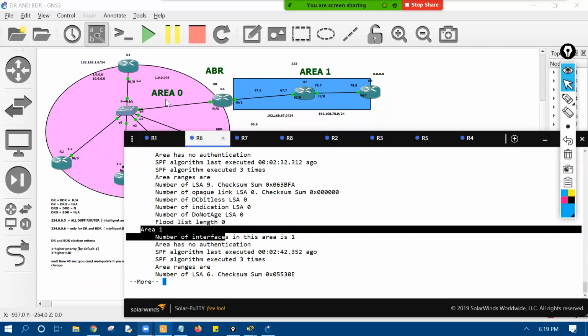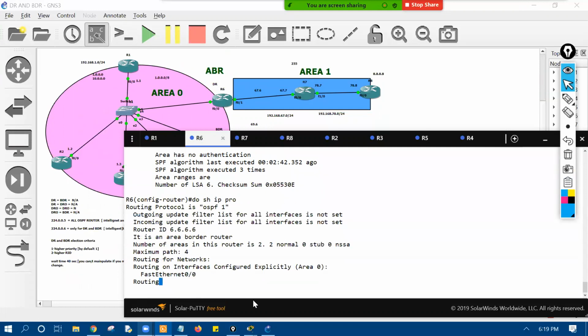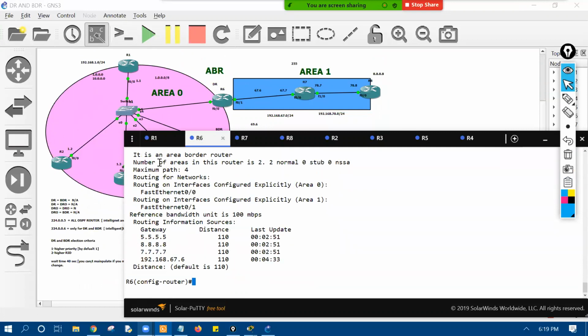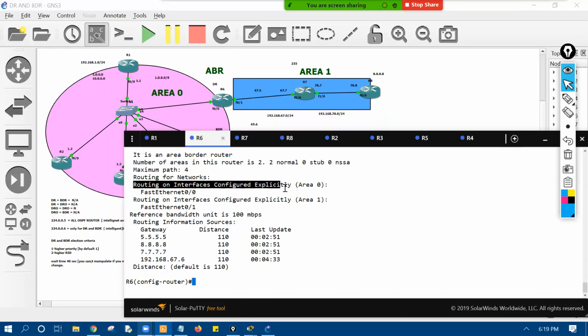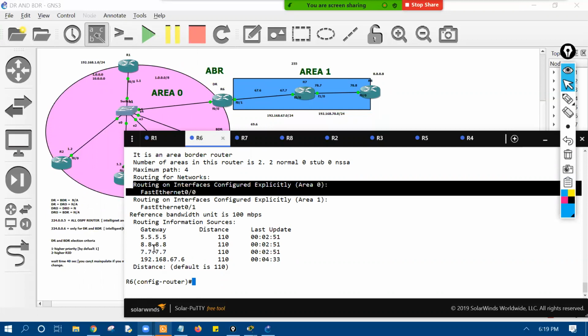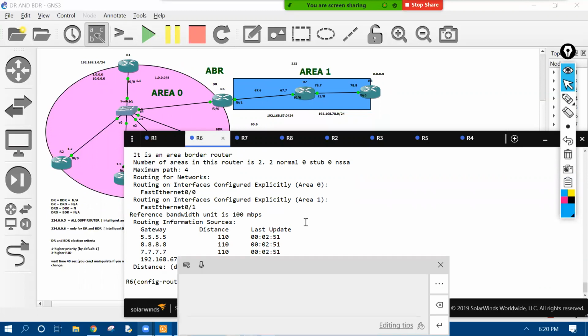So this interface is area 0, this interface is area 1. So right now R6 is the ABR. Even you can check this information. This interface belongs to area 0. This interface belongs to area 1.